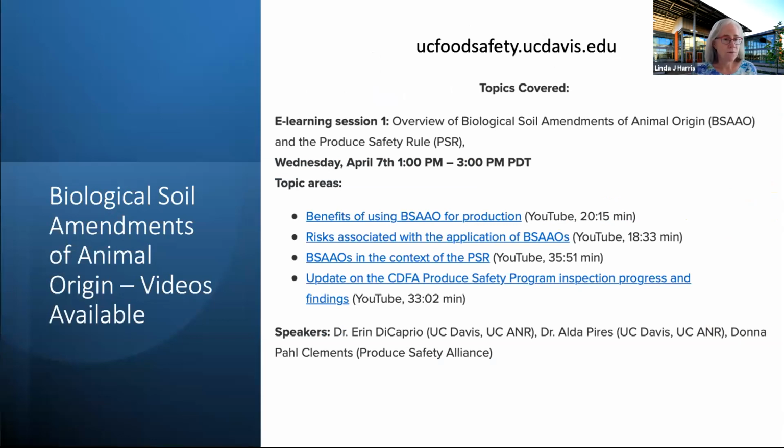Those videos are already available on this website, and you will see here, this is just from the first of 3 sessions, but the videos have been broken down into smaller individual presentations, and we'll do the same for water. So you won't have to go to the website and view a 2-hour video. Instead, you'll be able to view a shorter video that is focused on a topic of specific interest to you.